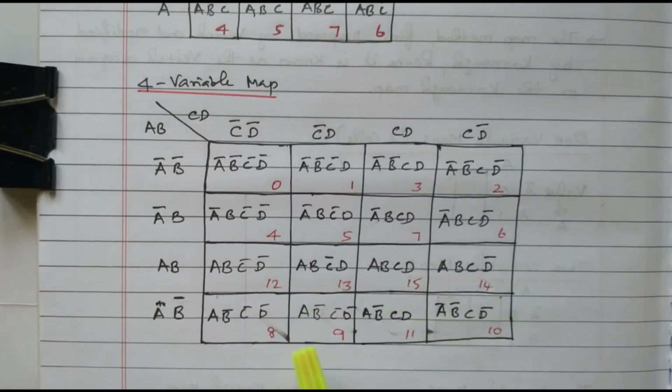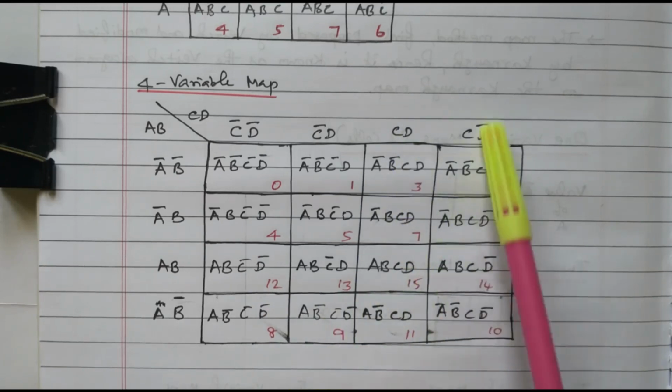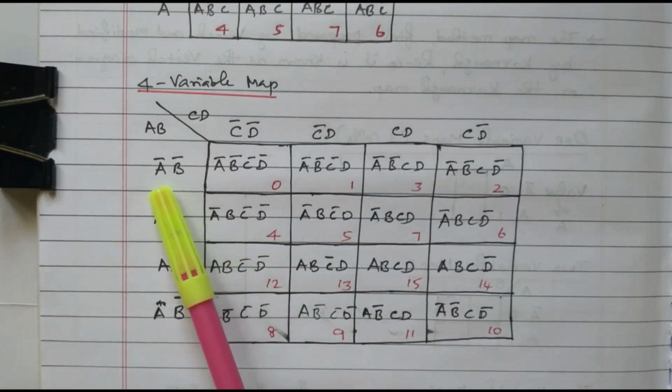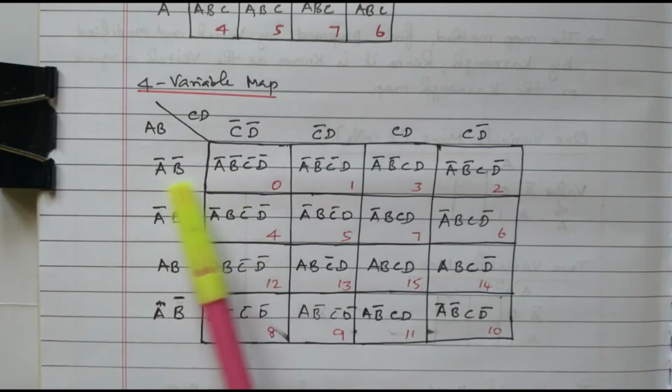Right? So there is an interchange between the third and fourth column, similarly the third and fourth row. Like this only we can represent the K map. Now we'll go to the product terms. See, this A bar, B bar is available. So this cell will be a combination of this.